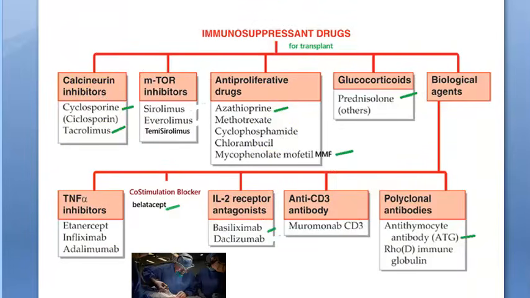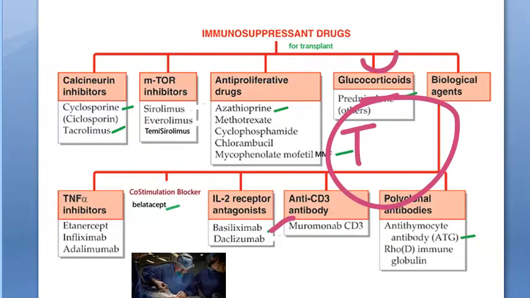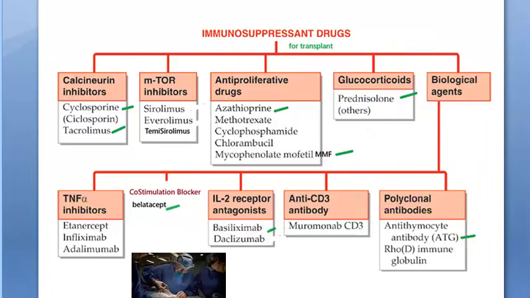Basiliximab is the next one we need to know. It is an IL-2 receptor antagonist. On an activated T cell, you will have a receptor for IL-2. MAB means monoclonal antibody.